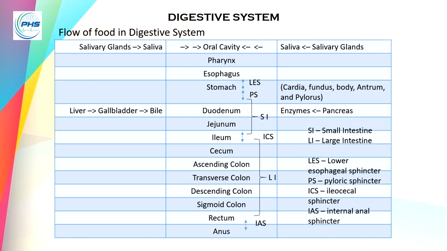Next, small intestine, also called the small bowel. It is a long, narrow, folded or coiled tube extending from the stomach to the large intestine. It is present in the central and lower abdominal cavity.